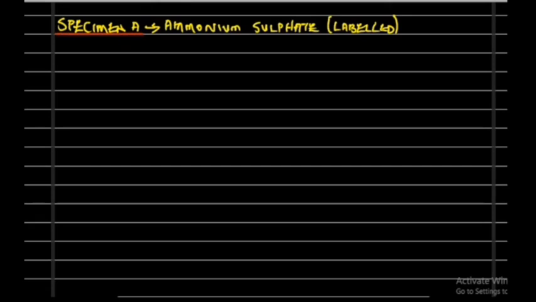Ammonium sulfate is chemically written as (NH4)2SO4.